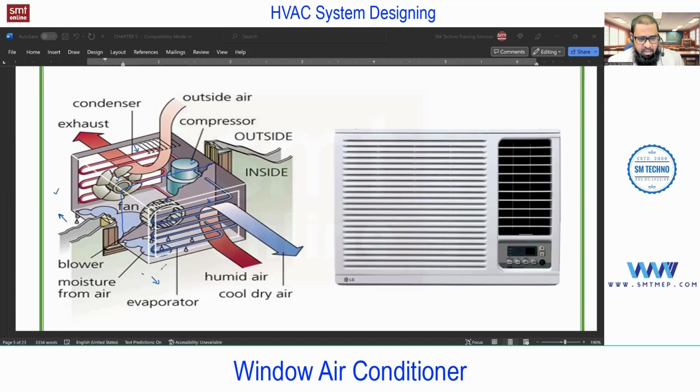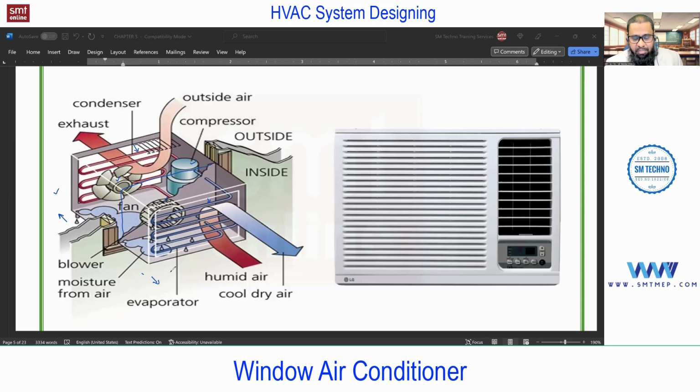So the same cycle, vapor compression cycle. You know what will happen in the vapor compression cycle: compression, condensation, expansion, and evaporation. So this works the same, but we have some points to discuss. After maintaining the required temperature, how does the system control? Because you see, continuously it will not run except the fan. The compressor will not run continuously.